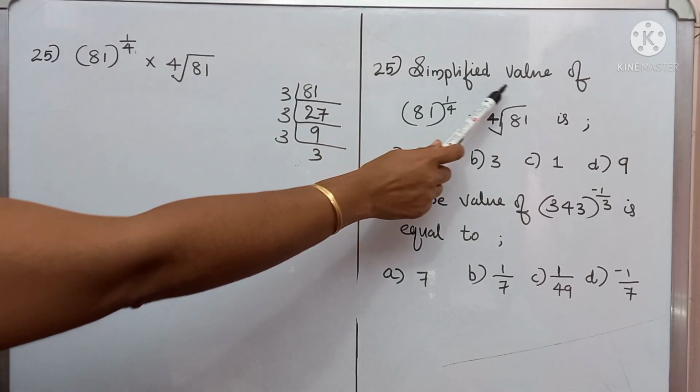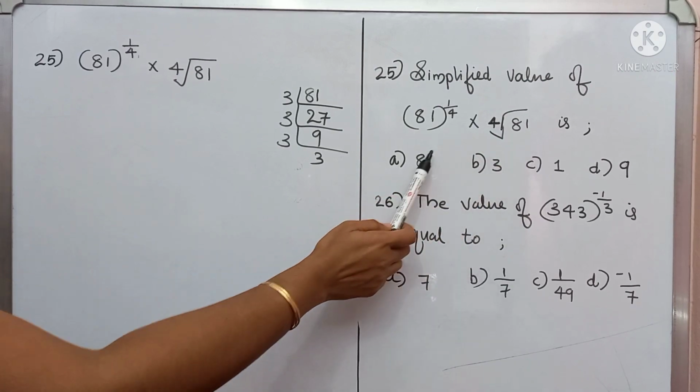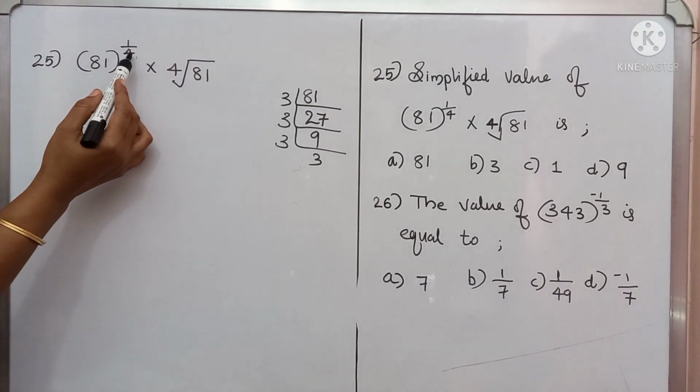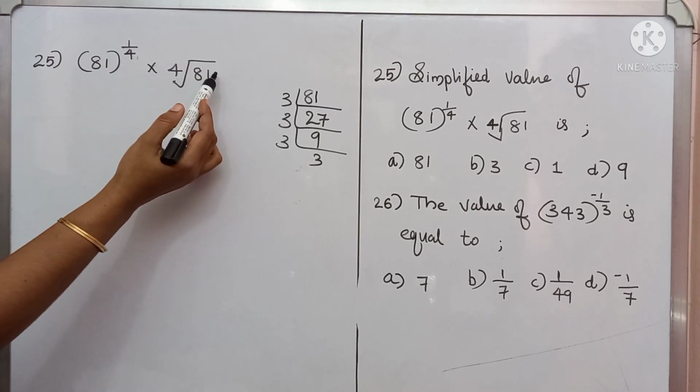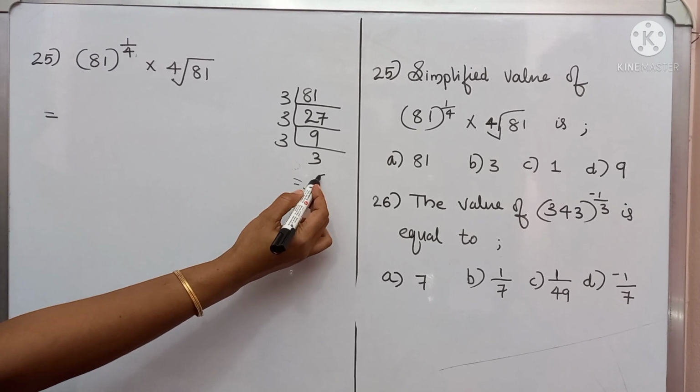25th question. Simplified value of 81 raised to 1 by 4 into 4th root of 81 is. Options are given here. We have to find the answer. 81 raised to 1 by 4 into 4th root of 81. We know 81 is equal to 3 raised to 4.